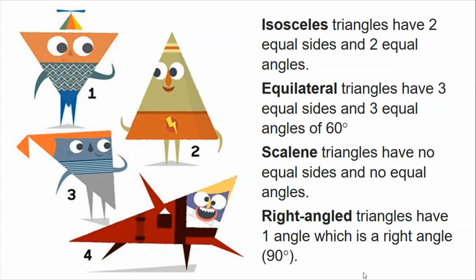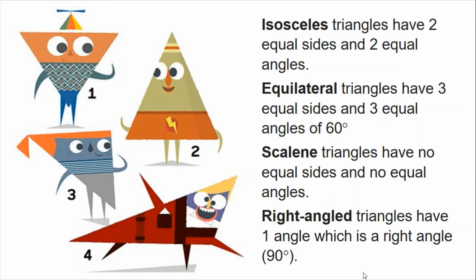A scalene is going to be pretty skew with, and nothing will be the same. And your isosceles triangle may be tall and thin, or it may be wide, but we need to make sure that 2 of the sides look like they're the same.